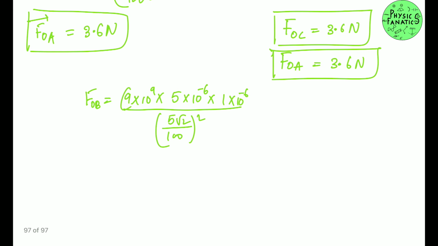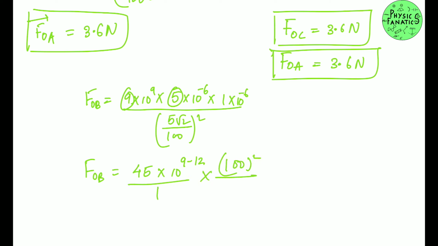So you will get 9 into 5, this is FOB is equal to 9 into 5, that is 45. And this will be 10 to the power 9 minus 12 divided by 1 into 100 square by, this is actually 25 multiplied by 2.